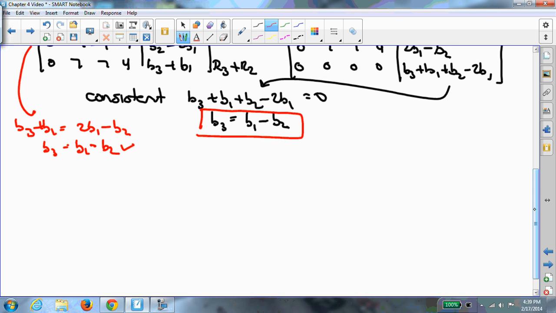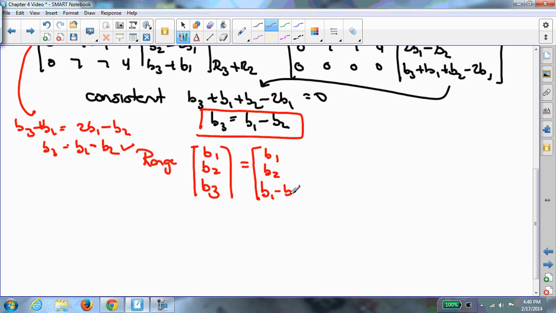Well, what that means is not every b3 element is defined. And in fact, if I were to look at my range of values, b1, b2, and b3, since b3 equals b1 minus b2, I could rewrite this as b1, b2, and b1 minus b2, which would be a linear combination of 1, 0, 1 times b1 plus 0, 1, negative 1 times b2.